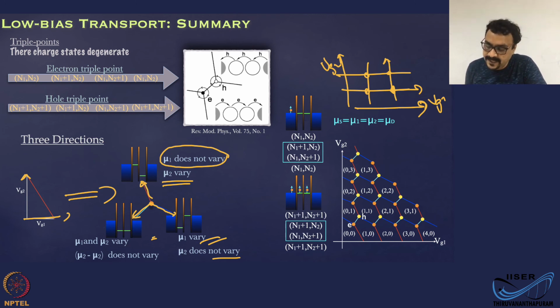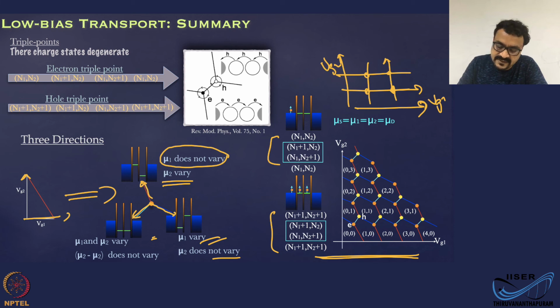Now this is just a summary of what we discussed so far regarding the stability diagram. You have three charge states degenerate, two kinds of charge cycles. This is the electron and this is the hole triple point.